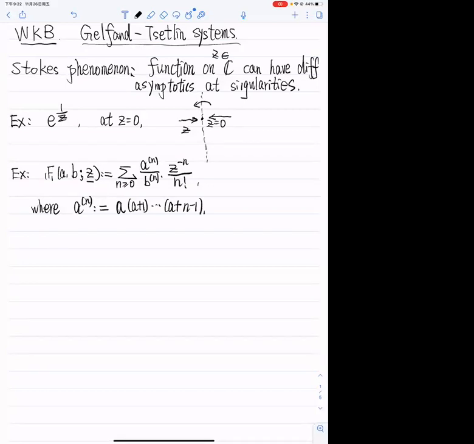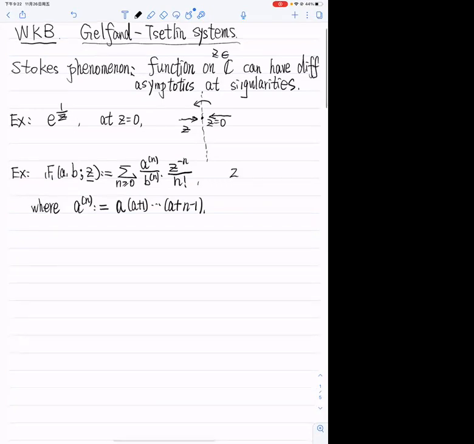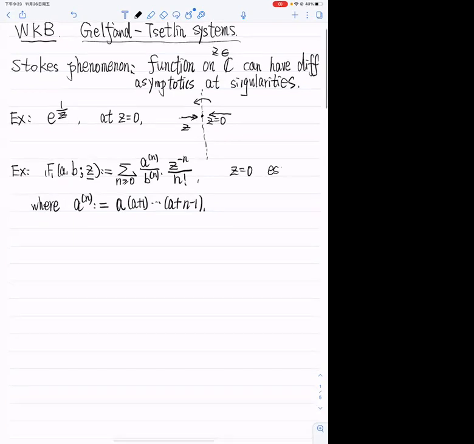So this is also an entire function, except that at z equals 0, it has an essential singularity. We can think of this as a sort of twist of the exponential function in the previous example.